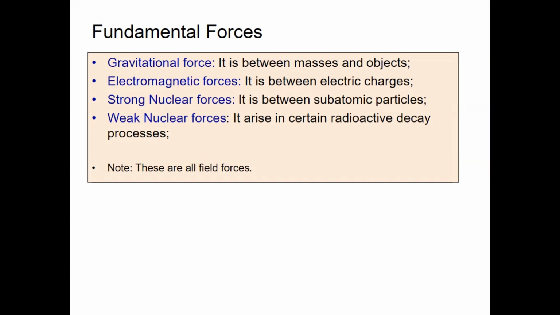It is actually a manifestation of the electromagnetic force, but at a short range. The weak nuclear force unification was done by Dr. Abdus Salam, Sheldon Glashow, and Steven Weinberg. And now there is huge work going on to unify all forces together, including the gravitational force.